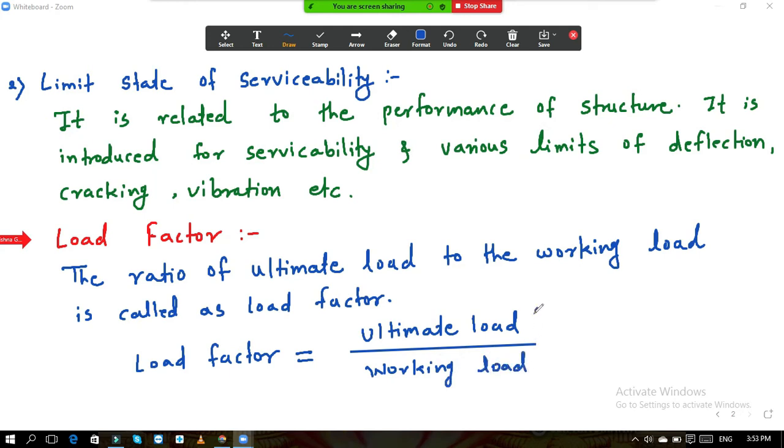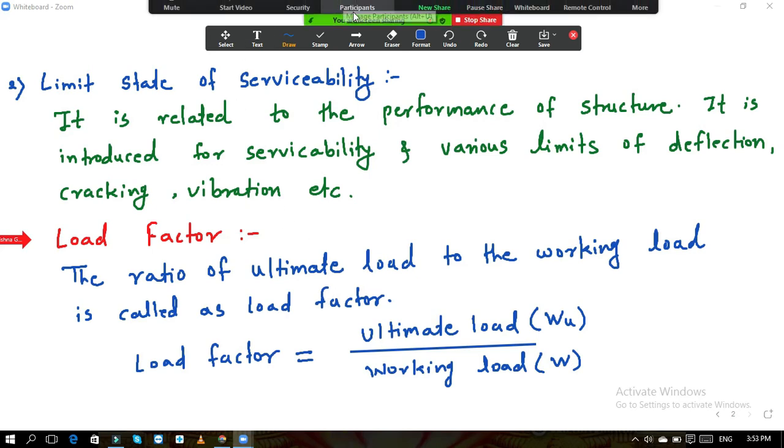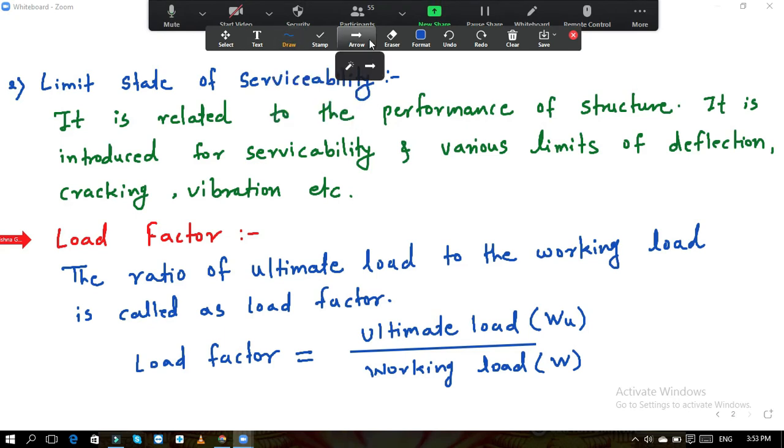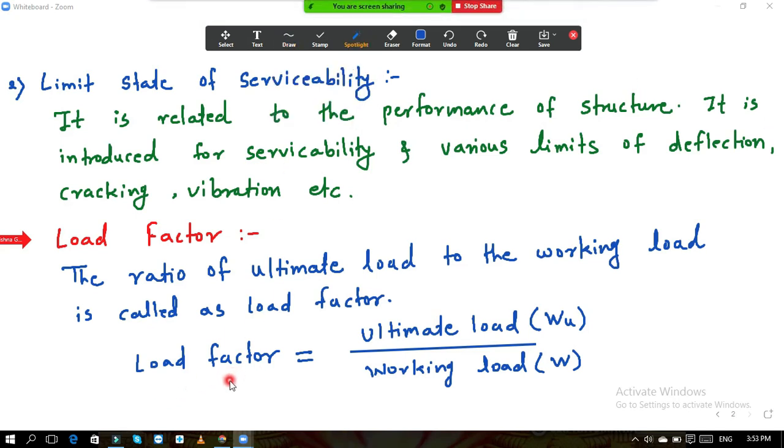Generally we use the notation Wu for the ultimate load, and generally we use the notation W for the working load. I hope now you are understanding these things. So here you can see this load factor, or the factor of safety, is nothing but the ratio of the ultimate load to the working load.